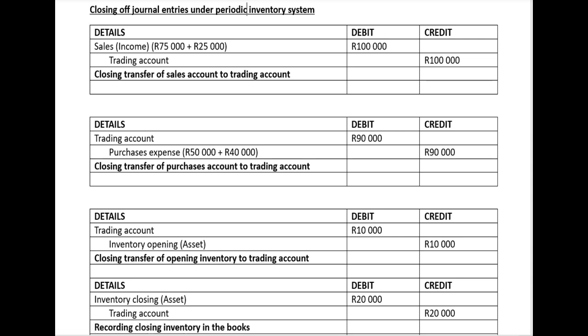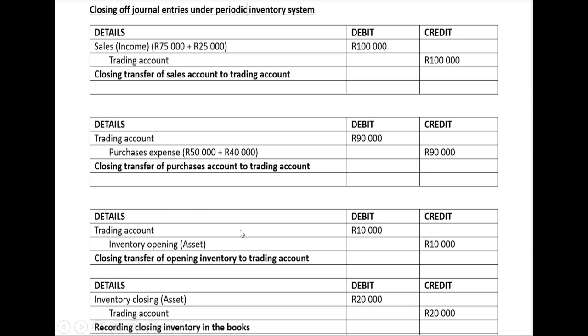Remember that inventory is an asset, so if we transfer it to the trading account, it means we need to reduce that inventory. How do we reduce an asset? By crediting it. So you credit that 10,000, and we debit the trading account, because that's where we are transferring it to. The purpose is so that we can determine our gross profit or loss, and also know our cost of sales. That's the general entry that we'll do.